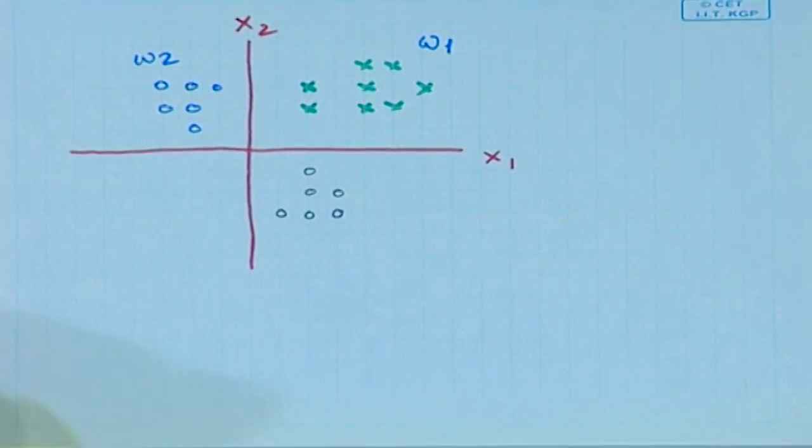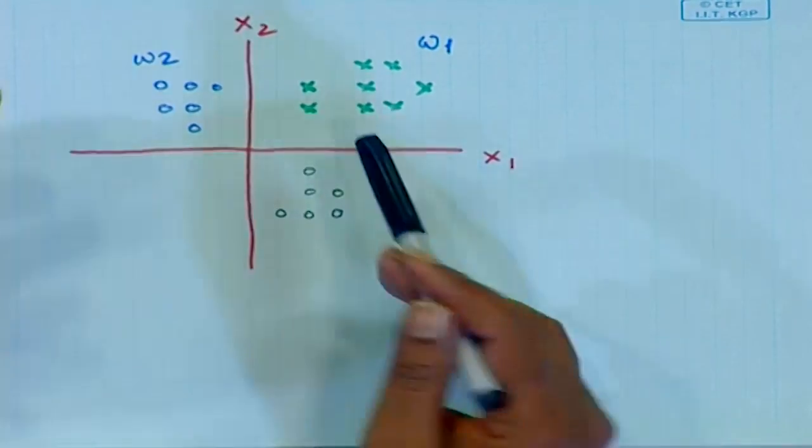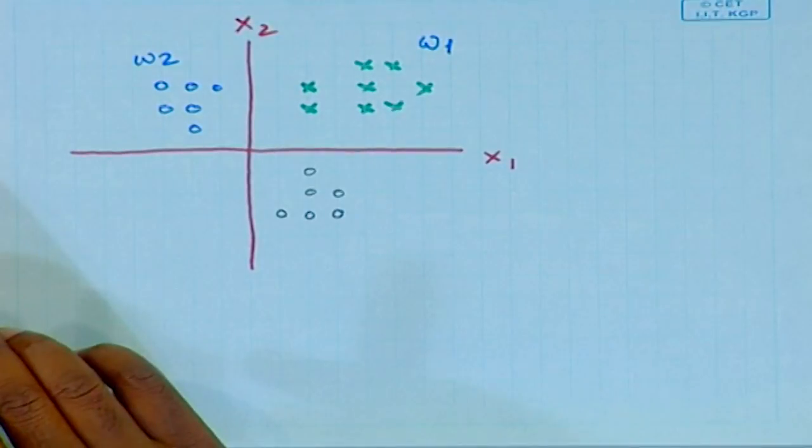Now, when I try to find out the weight vector, we said that the weight vector is orthogonal to the decision surface, or orthogonal to the hyperplane. As we are considering the two dimensional case, that hyperplane is equivalent to a straight line. Now, what is the set of straight lines which actually demarcates between these two different classes omega 1 and omega 2?